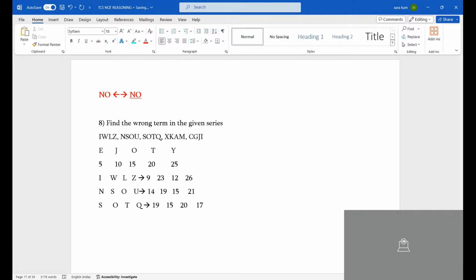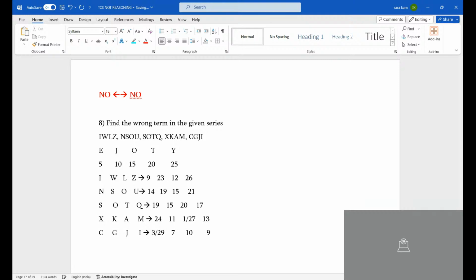The next one is X K A M: X is 24, K is 11, A is 1 slash 27, M is 13. And the next one is C G J I. So C is going to be 3 slash 29, G is 7, J is 10, and I is 9.